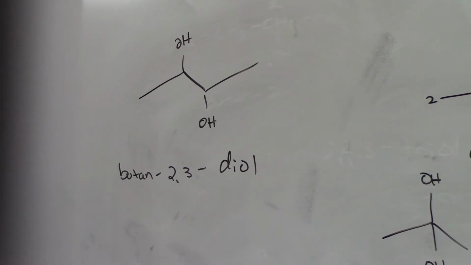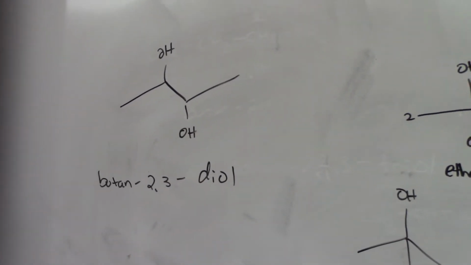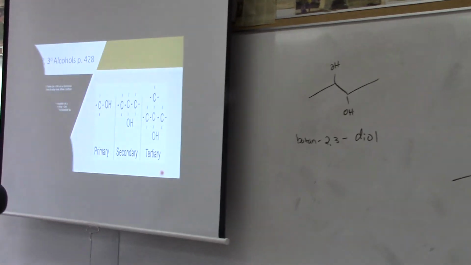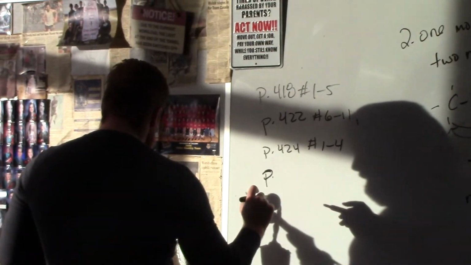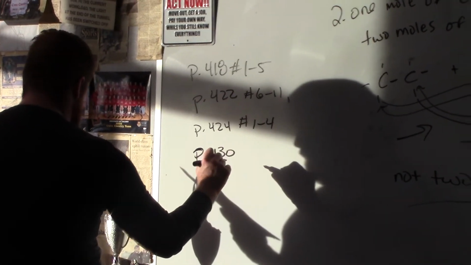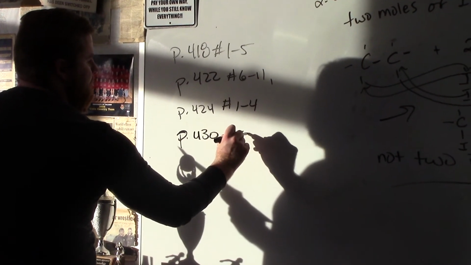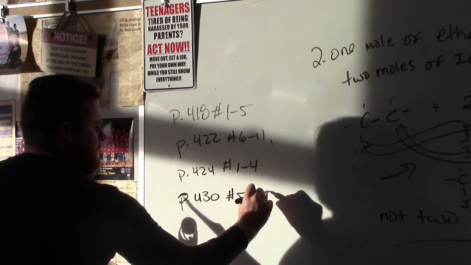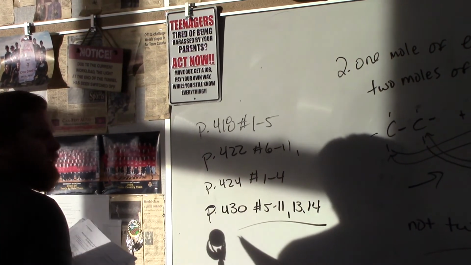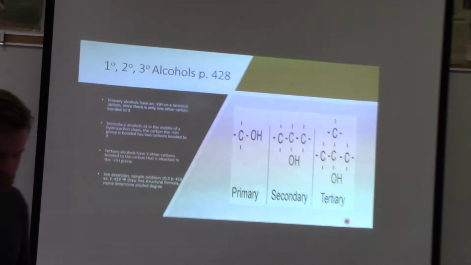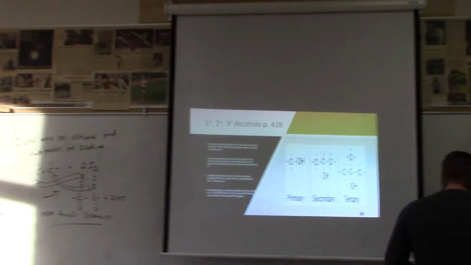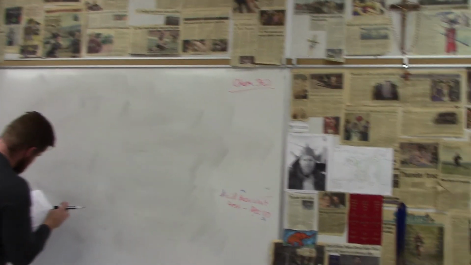Okay? So, problems to deal with alcohols. Page 430, numbers 5 through 11, and then numbers 13 and 14. Okay? All right, so let's look at this.